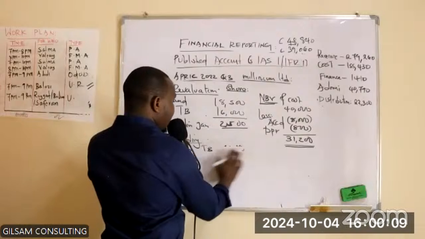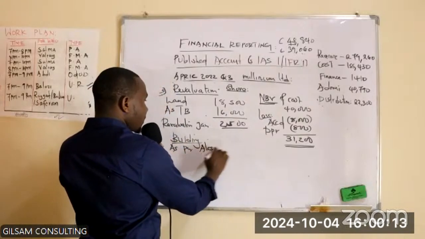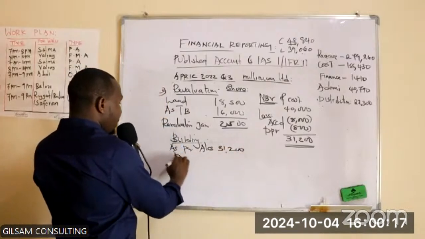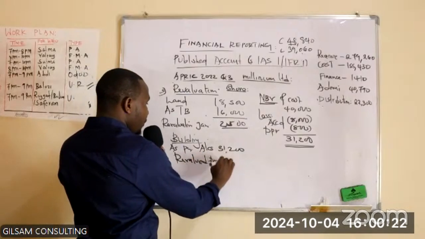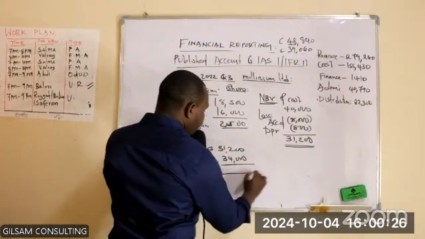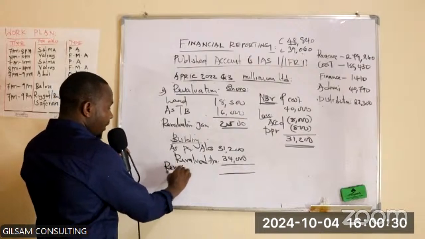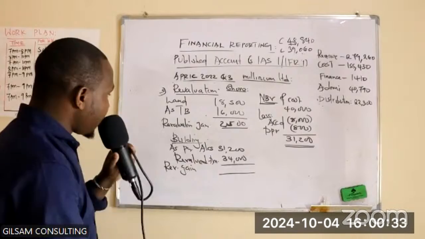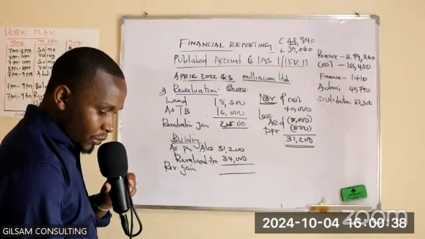So as per the accounts is 31,200, and the revalued amount we have been told is 34 million. So the difference is the revaluation gain. The difference is the revaluation gain of how much? 34,000 minus 31,200.